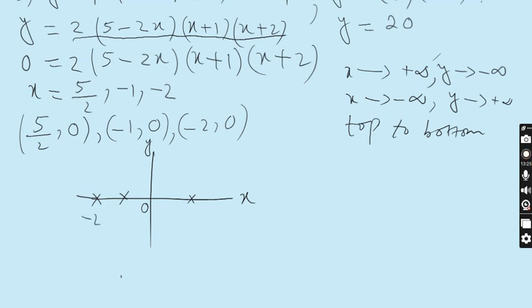This is minus 2, this is minus 1, and this is 5 upon 2. And for the y-axis, the coordinate is where x is 0, and we found y is 20, so 0 comma 20. So you can say this is 20. Okay, this is a rough sketch. Now join the points.